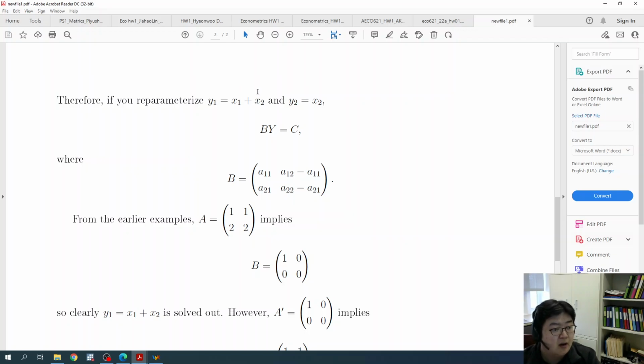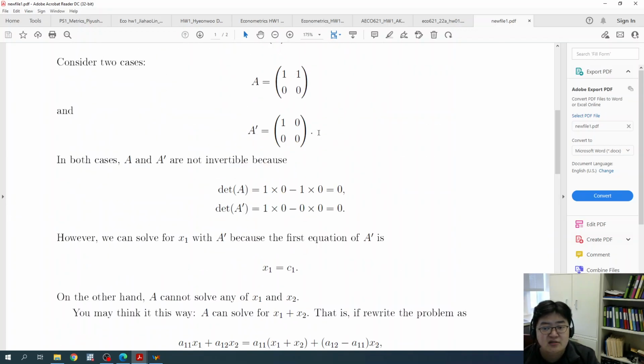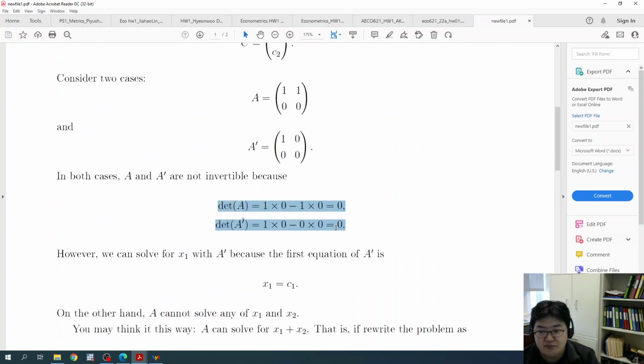But depending on your situation, the theoretical description is the same: multicollinearity implies the determinant is zero, or the matrix is not invertible, or the matrix is singular. But in some cases, even then, you may be able to identify something, or you may not be able to identify anything.